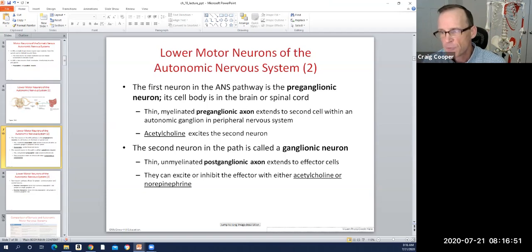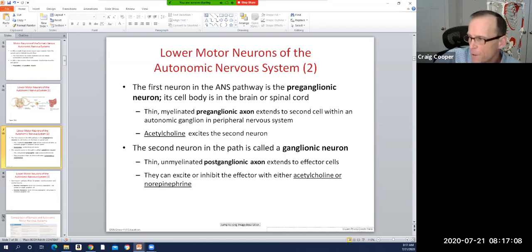Sometimes the acetylcholine will inhibit and sometimes it will excite. So it's not always going to make that action take place. Sometimes we might want to not cause that action to take place by releasing it. So it's a little bit different on that second receptor site.